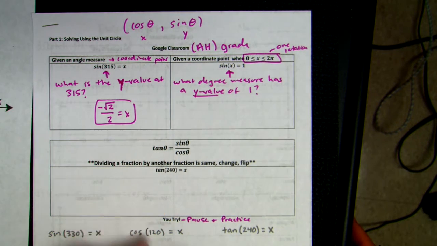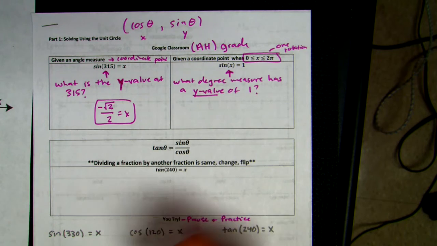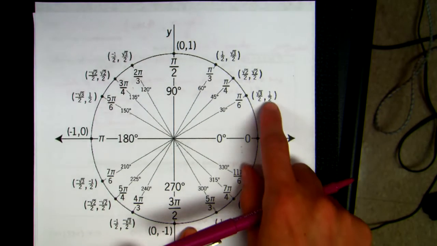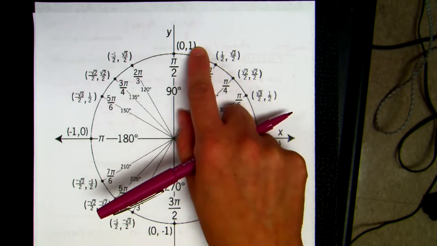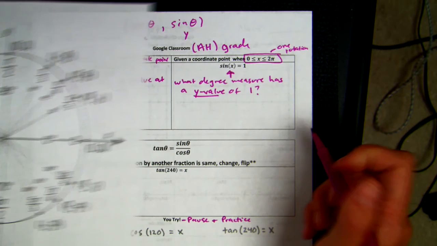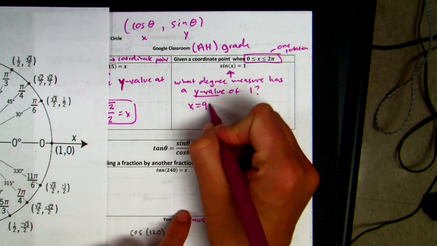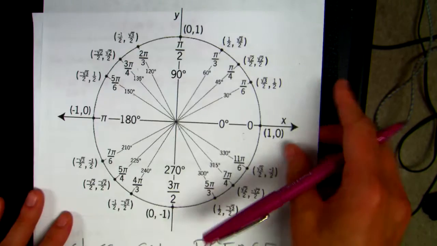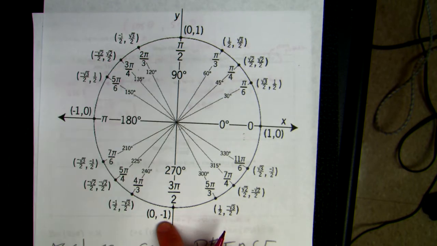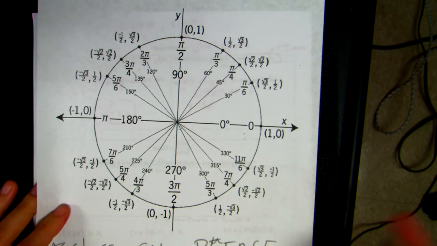If I'm looking over at this, I'm going to scan through all of my y values. I see a y value of 1 here, so I know 90 degrees. So I know x is equal to 90. I'm going to scan, see if I see anything else. I don't see any other places where y is equal to 1, but that won't always be the case.